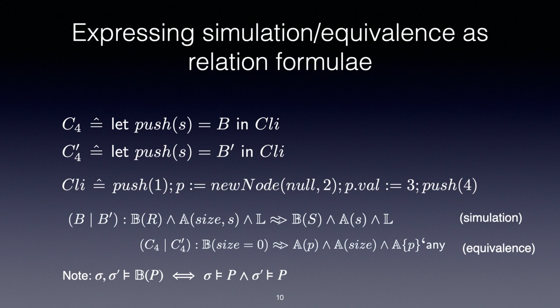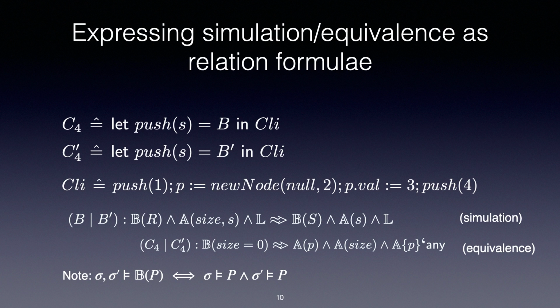So sigma and sigma dash satisfy both of P if and only if sigma satisfies P and sigma dash satisfies P. But the point I want to make about simulation is that this relation L is preserved in this relational formula.